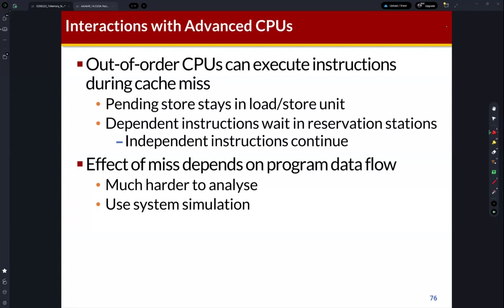So it's not easy to analyze the impact of cache for out of order CPUs because the instructions are executed out of order. But you can learn about the out of order processor architecture in the advanced computer architecture course. At Korea University, the advanced computer architecture course is provided for graduate students.